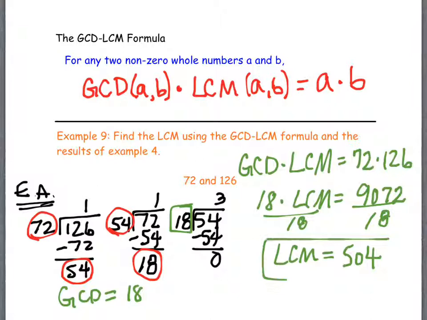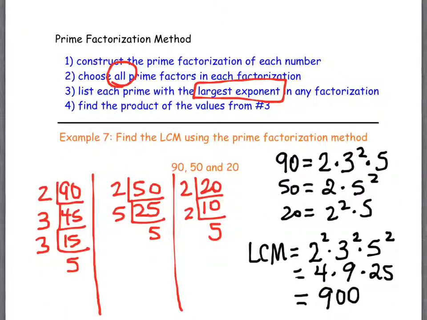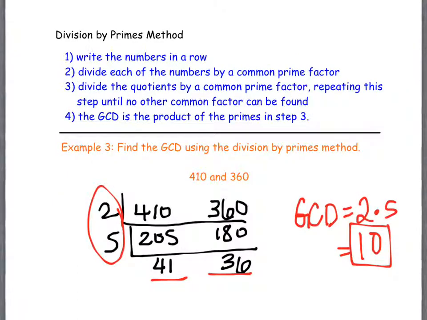Because I know that my greatest common divisor is 18 from the previous problem, I can now find that my least common multiple is 504 simply by dividing. Any questions on that? That would work for any of them. I didn't have to use the Euclidean algorithm as the very first step. If we went back to division by primes over here, 410 and 360 had a greatest common divisor of 10.